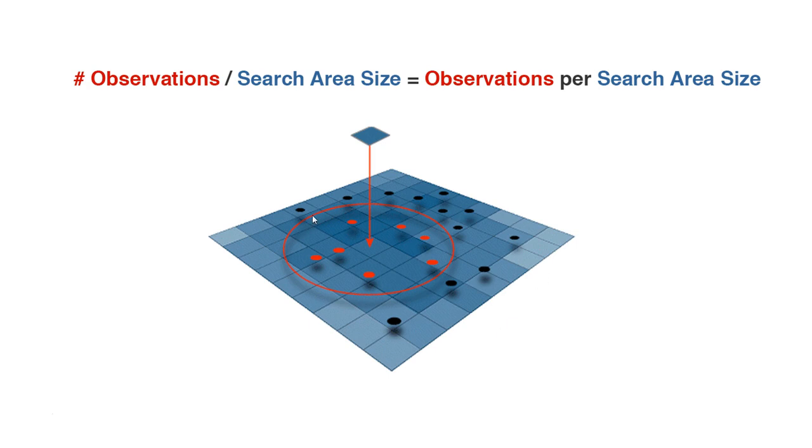of the full array. And then we can get observations per search area size just by dividing it by this search area radius. Okay, so it's the full search area radius, its relationship to the number of observations. So if we go down here a little ways to another center of a raster cell, we're going to collect a whole different array, a number of observations, and that's going to give us a different number.